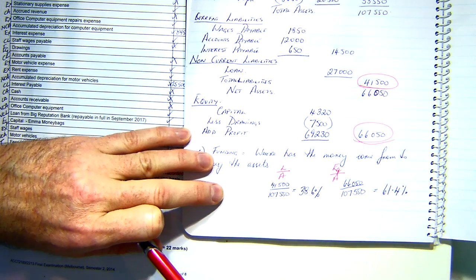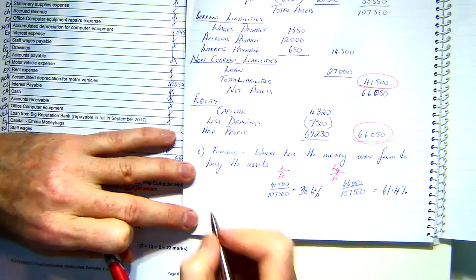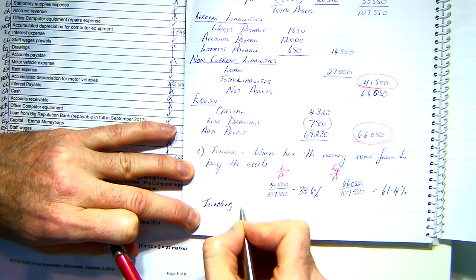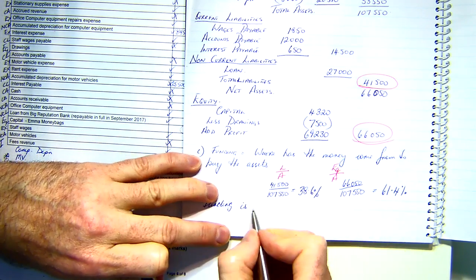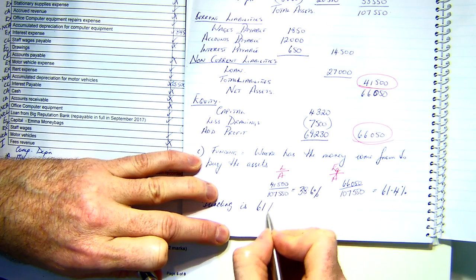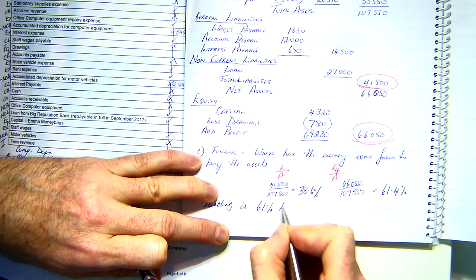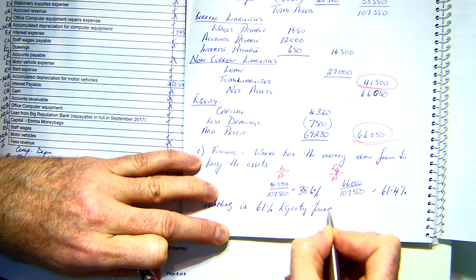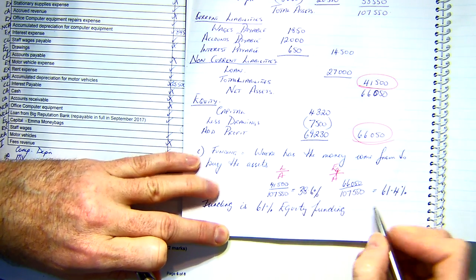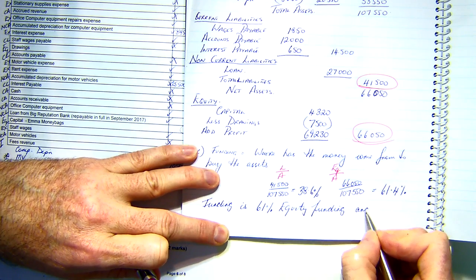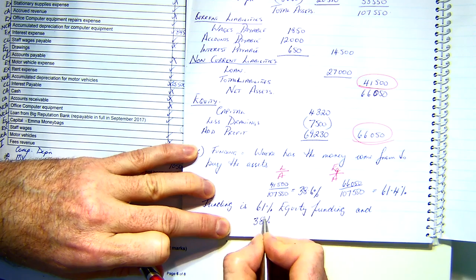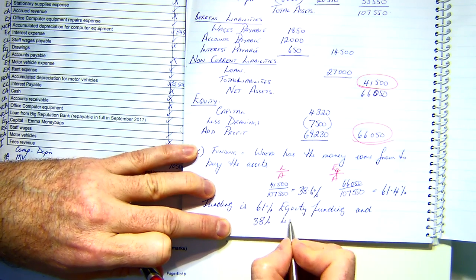So the funding is 61% equity funding, meaning that the owners have tipped in 61% of the money, and 38% liability funding.